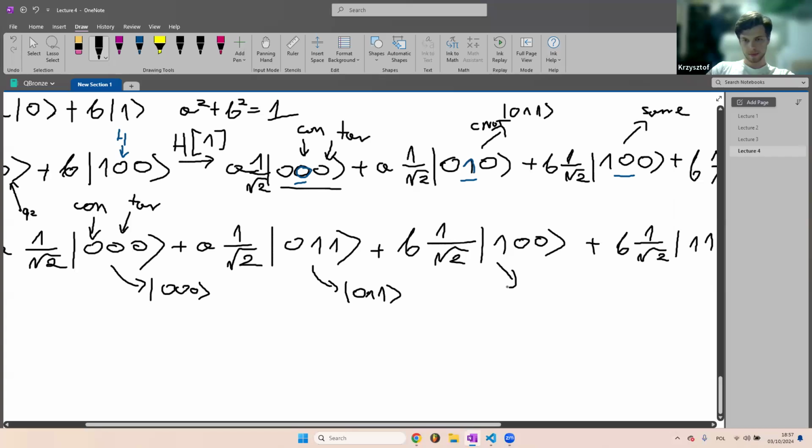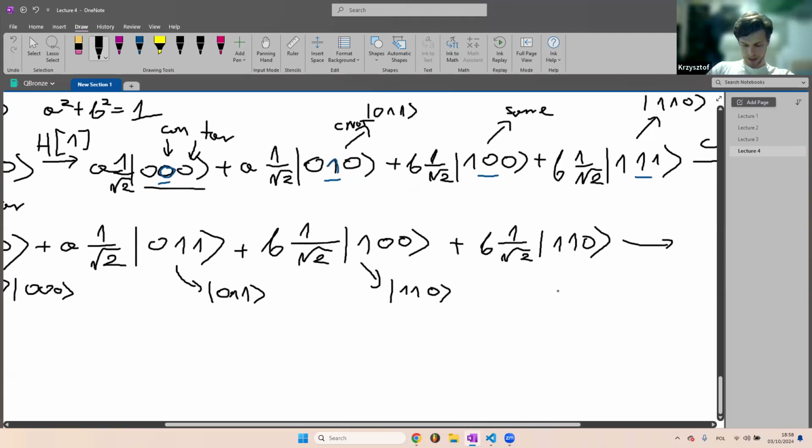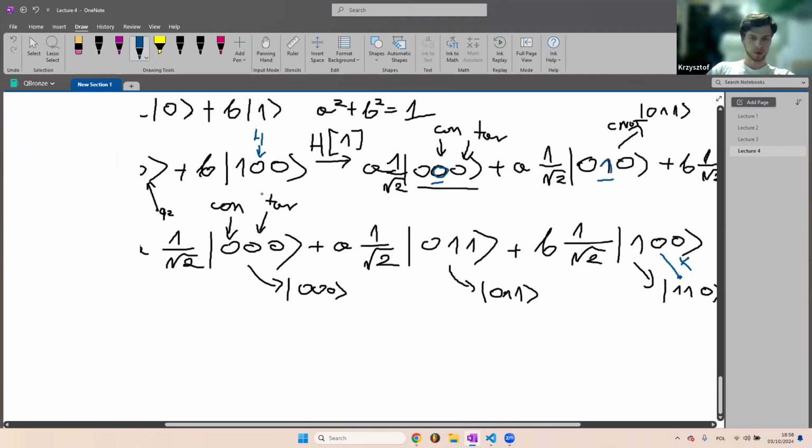But this here will change to 1, 1, 0, and this here will change to 1, 0, 1, because in this case we apply an X gate to the first qubit, because this is the control qubit.